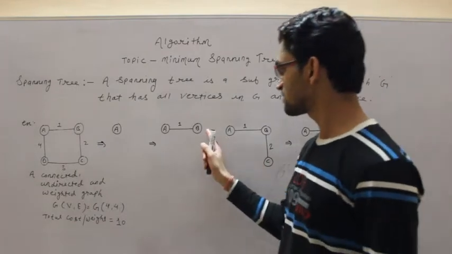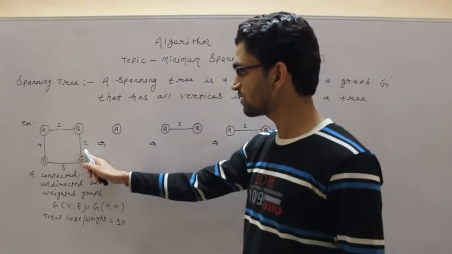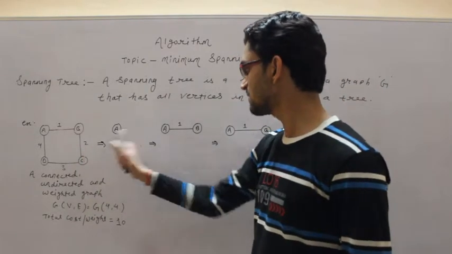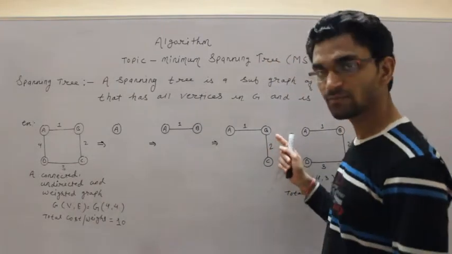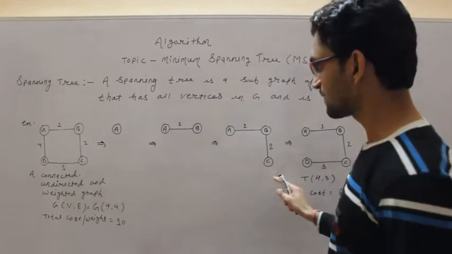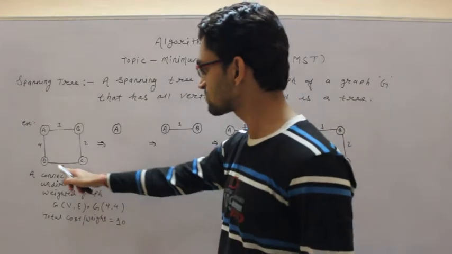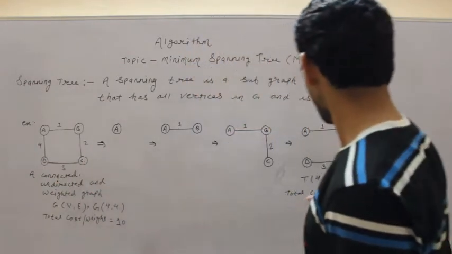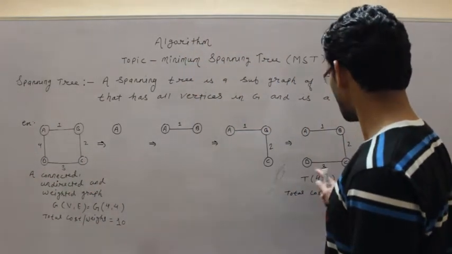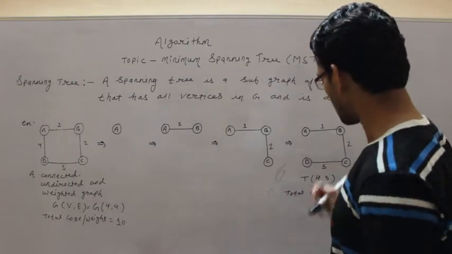At B again we have only one choice, which is C. So I am connecting the vertex B with C, and at C we have only one choice, which is D, and the weight associated with this is 3.